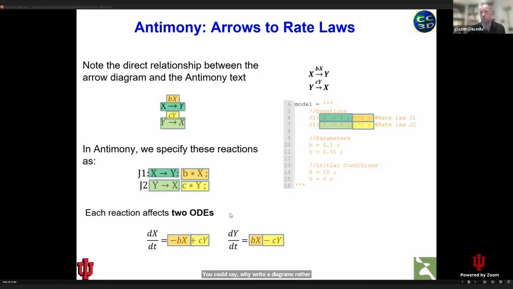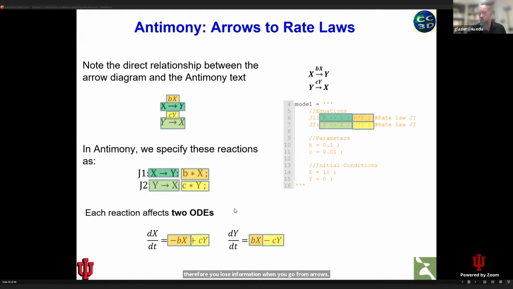The answer is that an arrow diagram can always be unambiguously converted to ODEs. However, the ODEs in general do not allow you to determine what the chemical reactions were that generated them. There are many chemical reactions that would give rise to the same ODEs, but one set of chemical reactions gives rise to a unique set of ODEs. And therefore, you lose information when you go from arrows to ODEs.